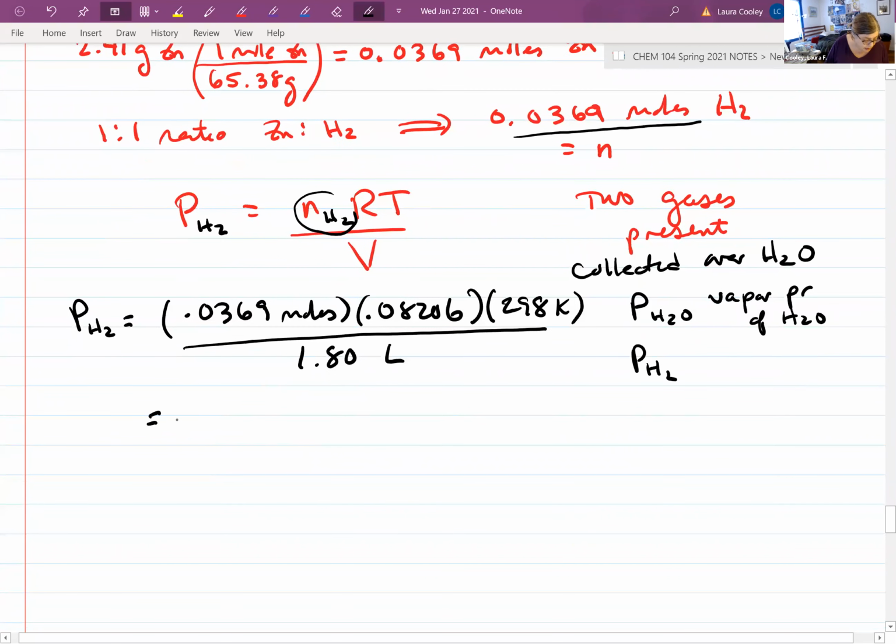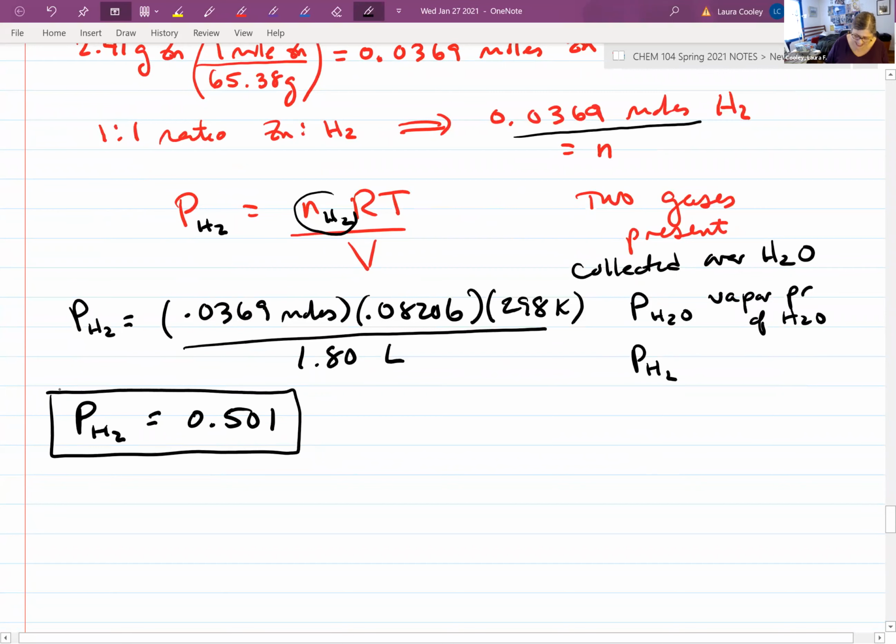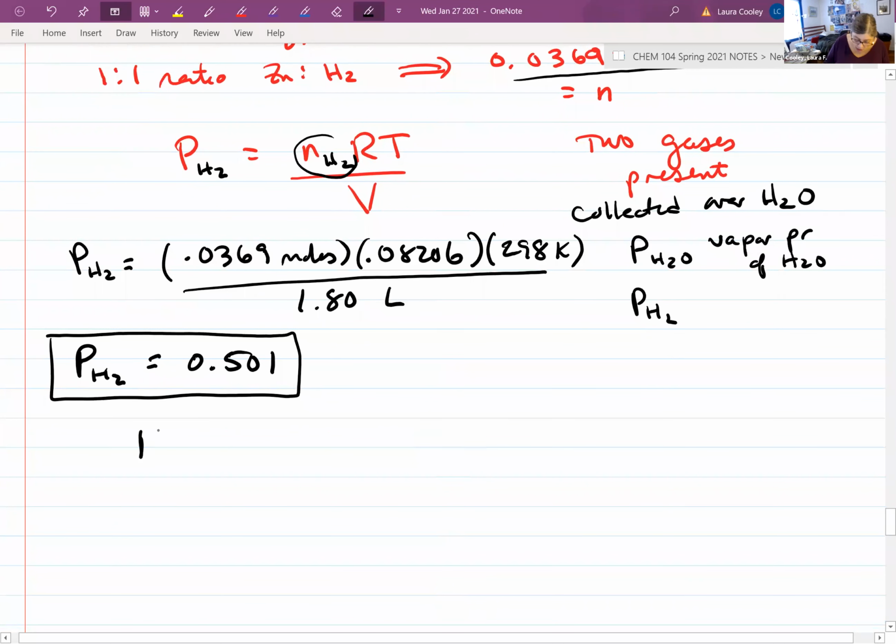And this gives me 0.501 as the partial pressure of hydrogen. But P total is going to be pH2 plus pH2O.